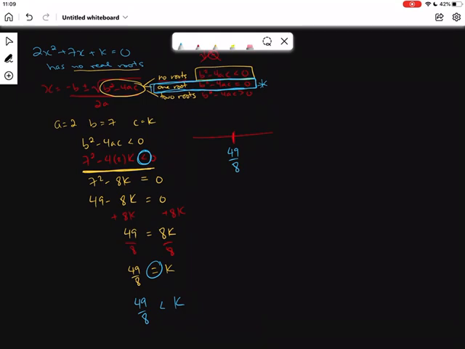But if k is greater than 49 over 8, so k is somewhere on the right-hand side, this is where I get no real roots or no solutions. If k is on the left-hand side, which means that k would be less than 49 over 8, this is when I would get one solution.